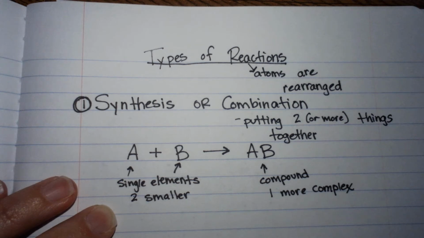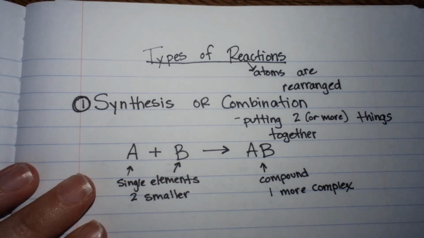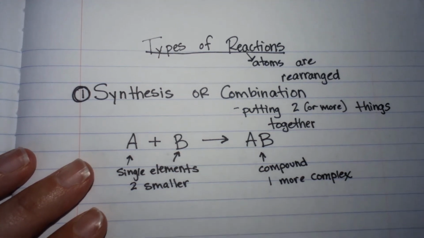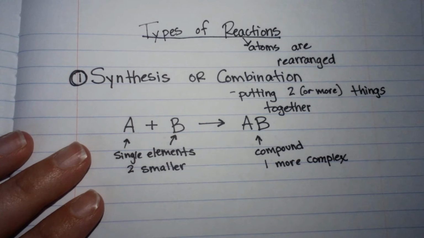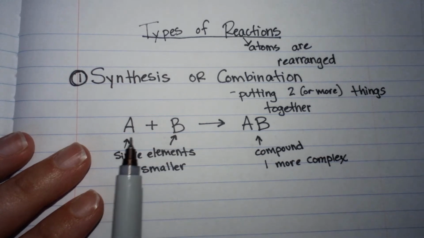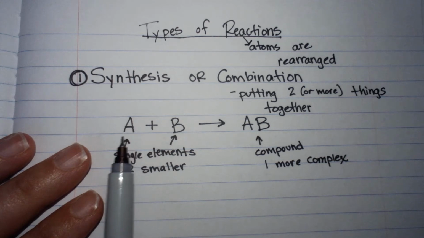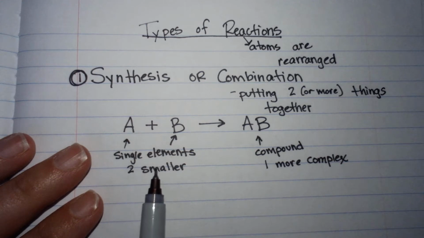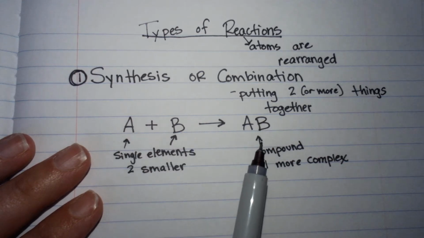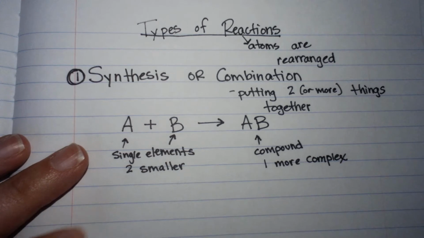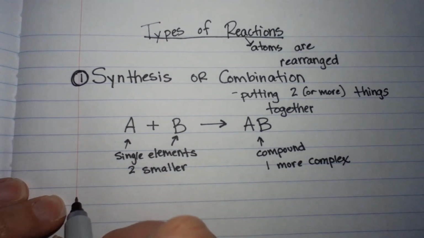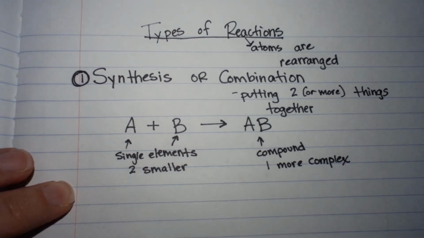So that's synthesis or combination. And you're going to have to look at equations and identify what they are. So when you're looking for combination or synthesis, you're going to say, all right, what do I start with? I start with single elements or two smaller things, and they combine together. They are put together to make one bigger thing. All right. Thumbs up if that makes sense. Is that one clear? All right, good.